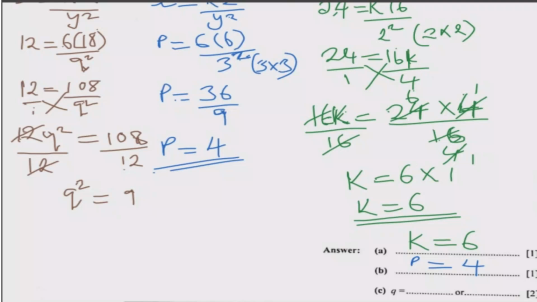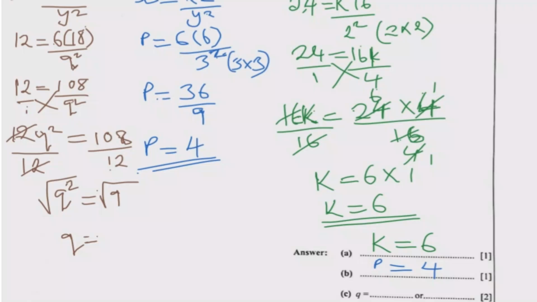At this stage we are going to take the square root of both sides so that we find the value of q. The square root of q squared is q, which is equal to the square root of 9, which is 3. So the value of q will be 3.